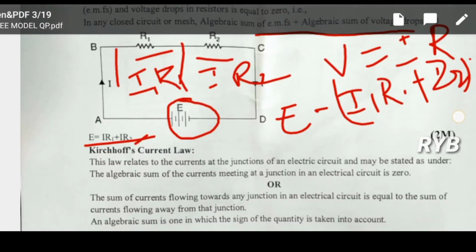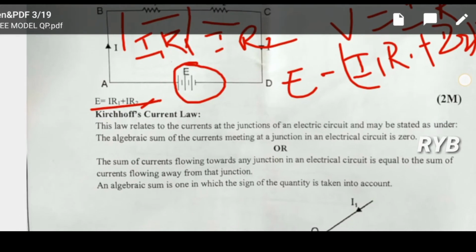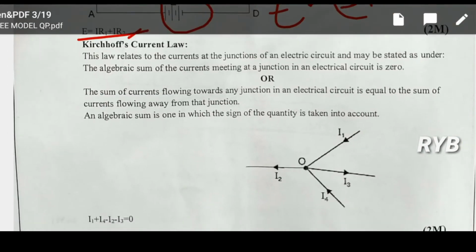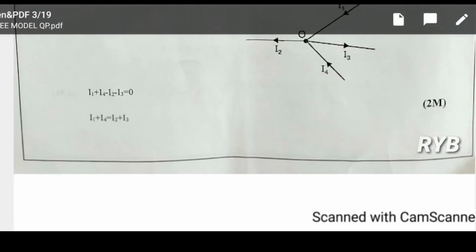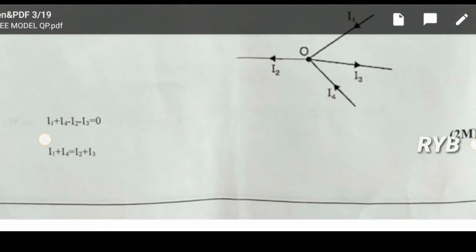Coming to KCL, the sum of incoming currents equals the sum of outgoing currents. Here I1 and I4 are incoming currents, and the outgoing currents are I2 and I3. We can write it like this. That is the statement of KCL.